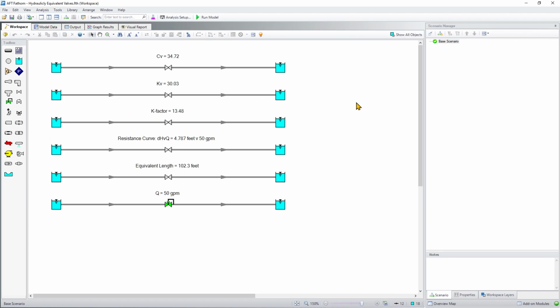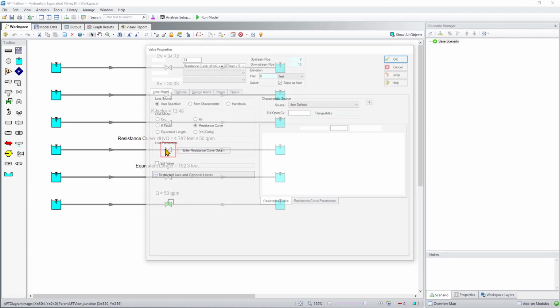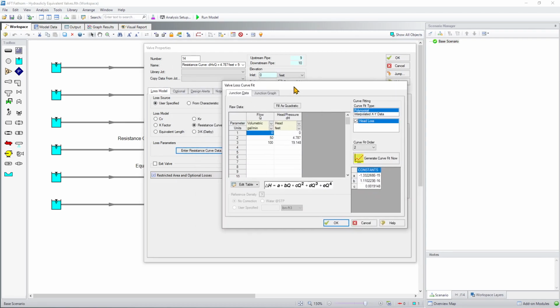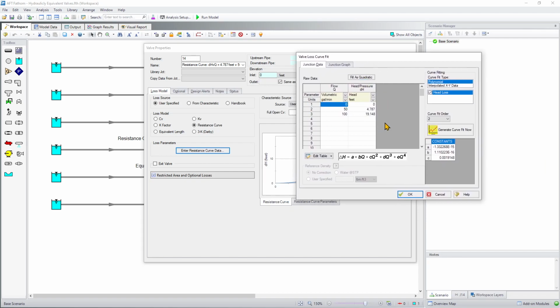Let's look at an example here. You're going to select resistance curve, enter resistance curve data. It will give you a table where you will enter in the volumetric flow rates versus either pressure or head drop. It will take that data for you and convert it into a polynomial.